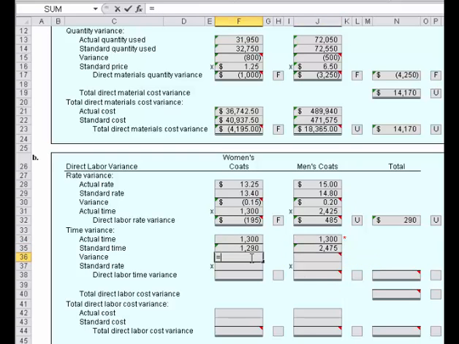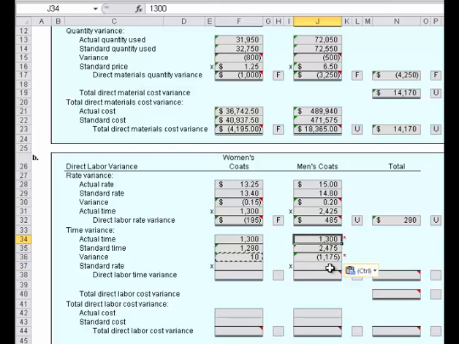Now once we have that, we just compute our variances again. Actual time minus standard time, it exceeds standard time by 10. That means we had a variance in terms of hours of 10. I'll copy that formula here. We had a favorable variance on the men's coats.